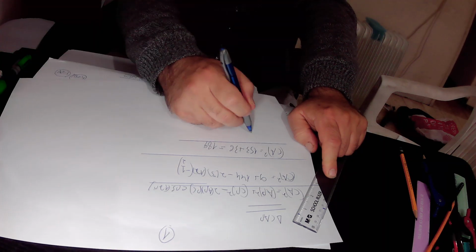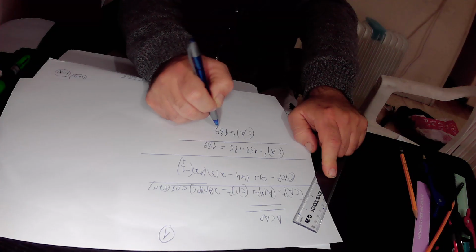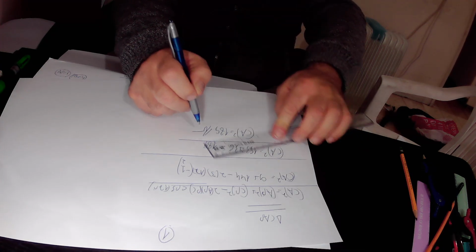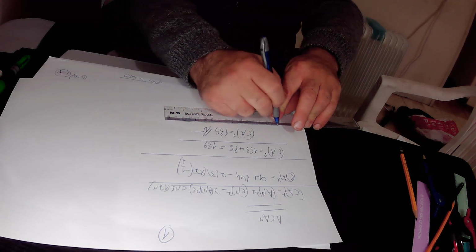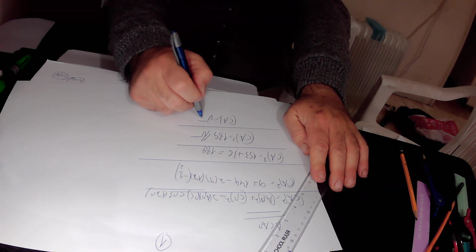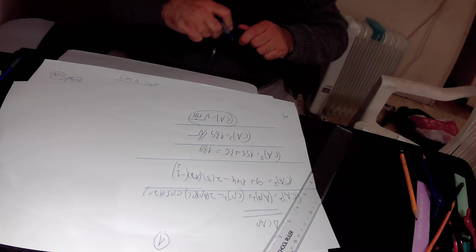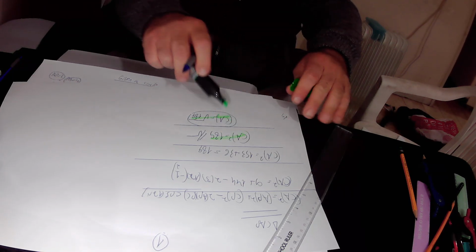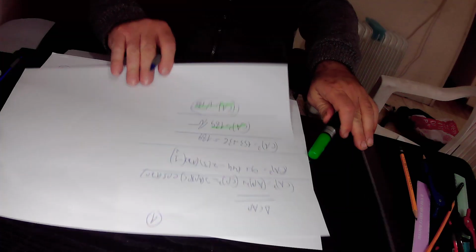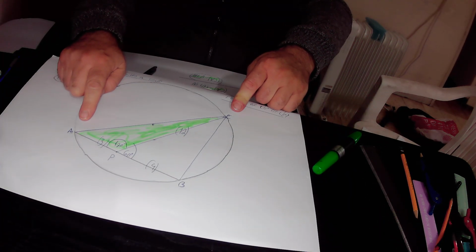Repeat again, CA squared equals 189. Taking the square root of this equation, we find that CA equals the square root of 189 units in length. This is the missing side CA, which equals the square root of 189 units in length.